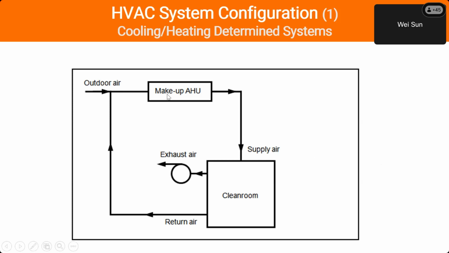So you have an AHU provide a supply air through the HEPA filter to the clean rooms. Then you have a return air. You have a process exhaust. So this concludes the airflow loop and airflow balance for the simple configuration as this. Usually this is for ISO class 9, class A.